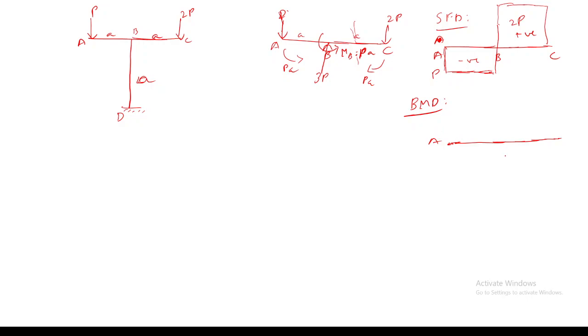So what will be the variation of bending moment from A to B? It will be a linear variation. If you take a section here at a distance of x and calculate the bending moment, it will be P into x, right?